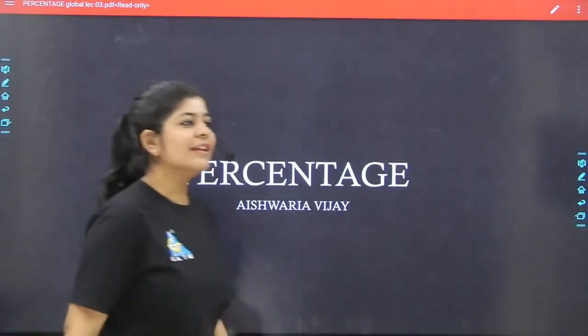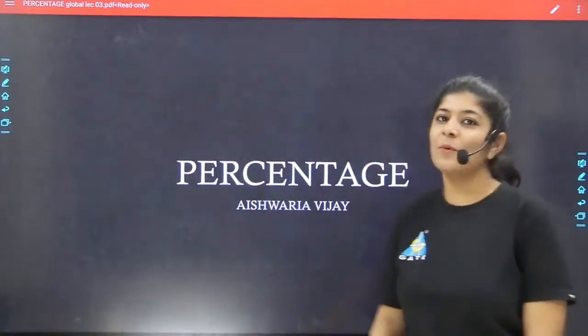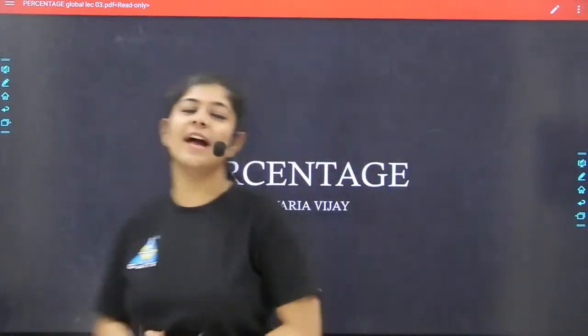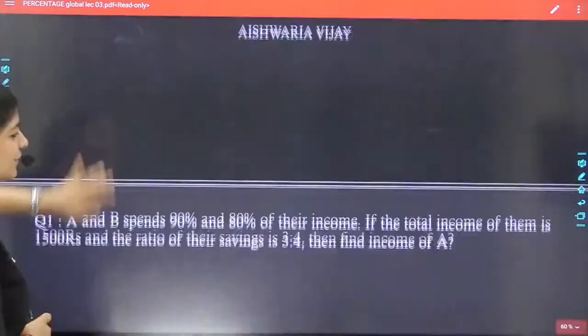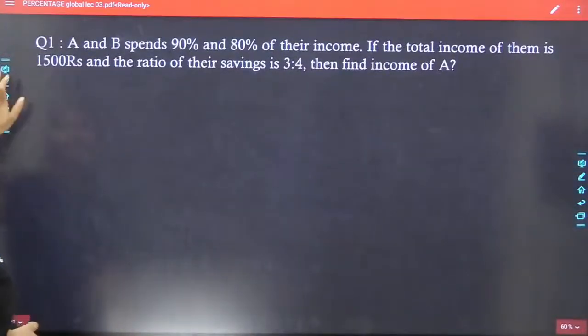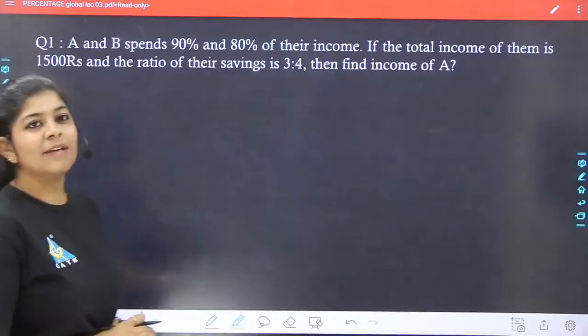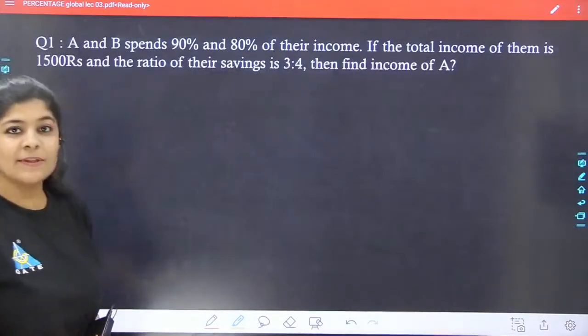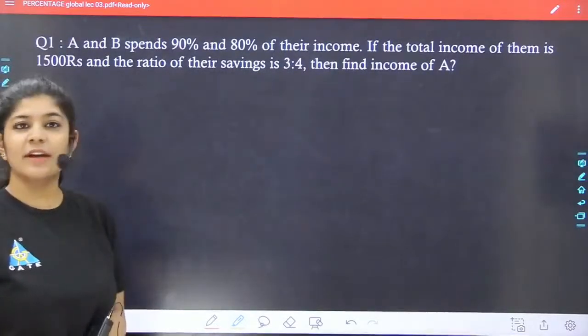Okay, now in this session we are going to solve some more questions based on percentage, and here we have the very first question. A and B spend 90% and 80% of their income.